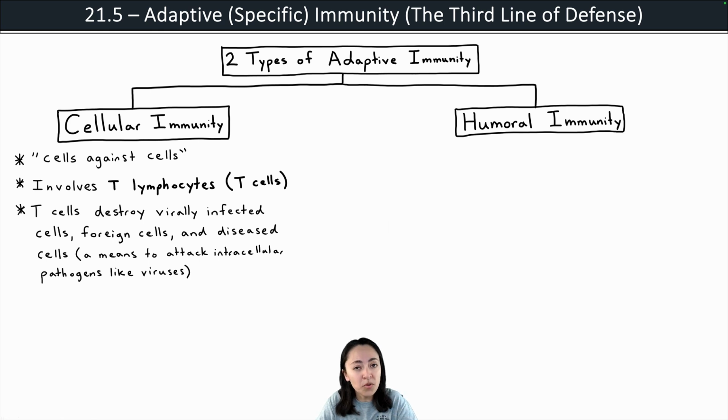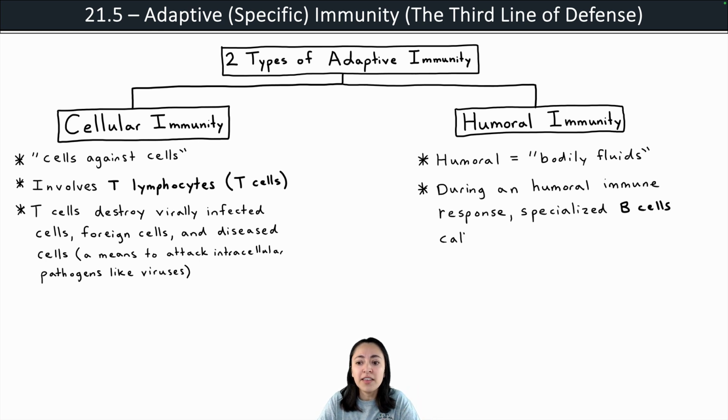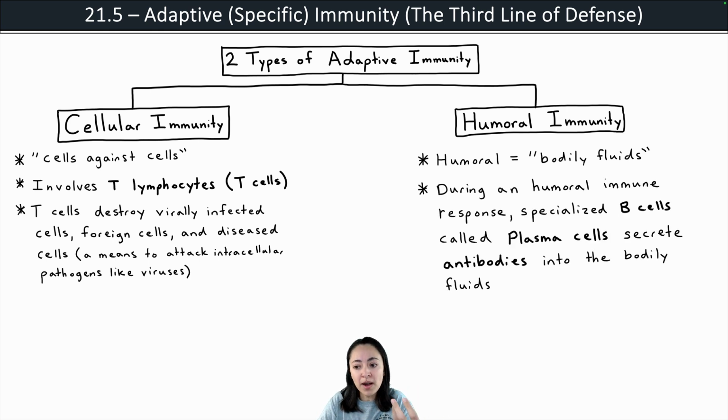Now let's look at humoral immunity. Humoral means bodily fluids, and that has to do with the fact that during a humoral immune response, specialized B cells, called plasma cells, will secrete antibodies into our bodily fluids, and these antibodies will circulate throughout our blood plasma and therefore help our body recognize foreign pathogens.